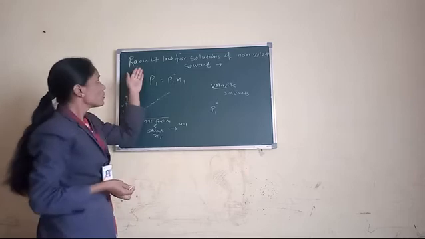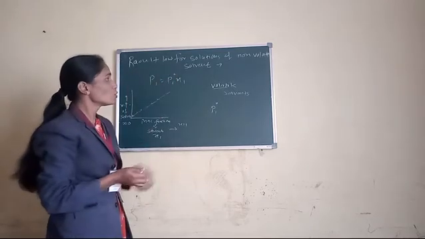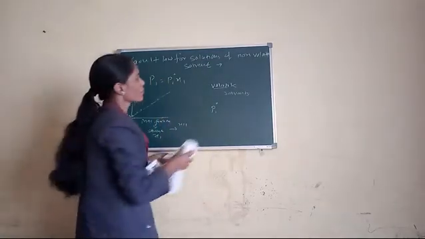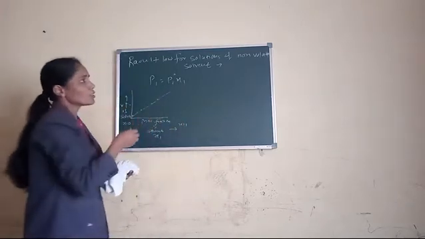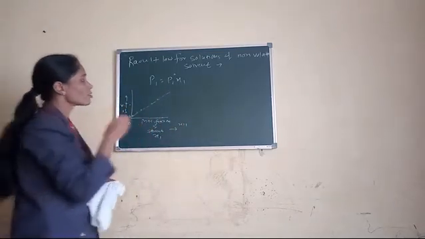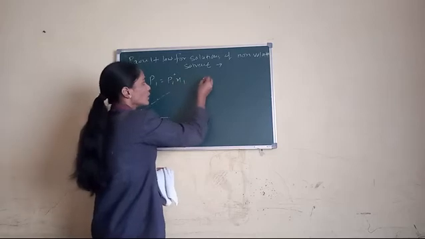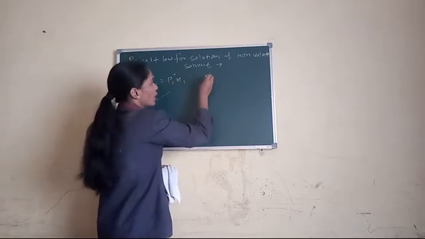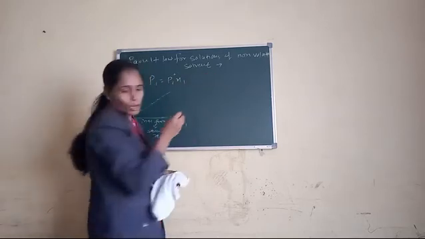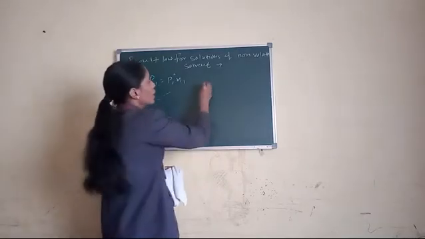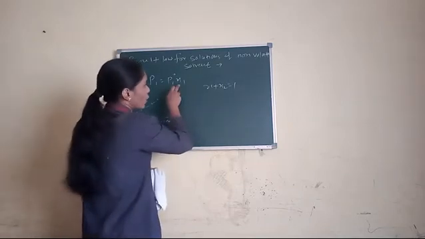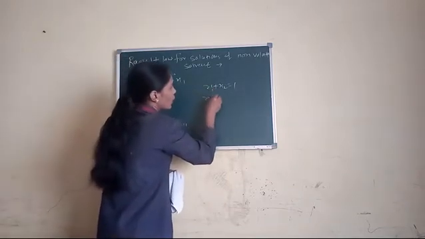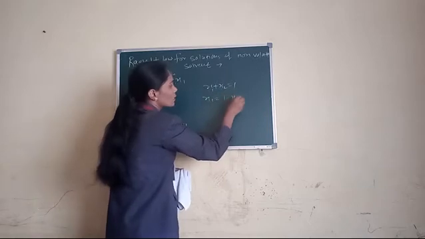Now consider Raoult's law for a binary mixture, where two volatile solvents are mixed. For a binary solution, X1 plus X2 is equal to 1, so X1 is equal to 1 minus X2.